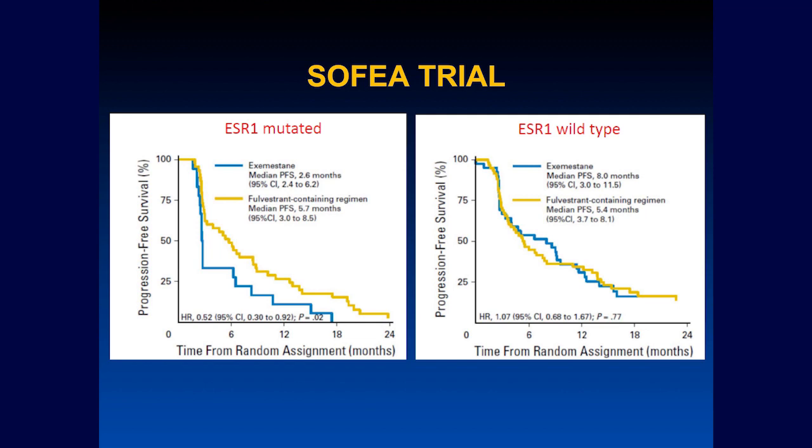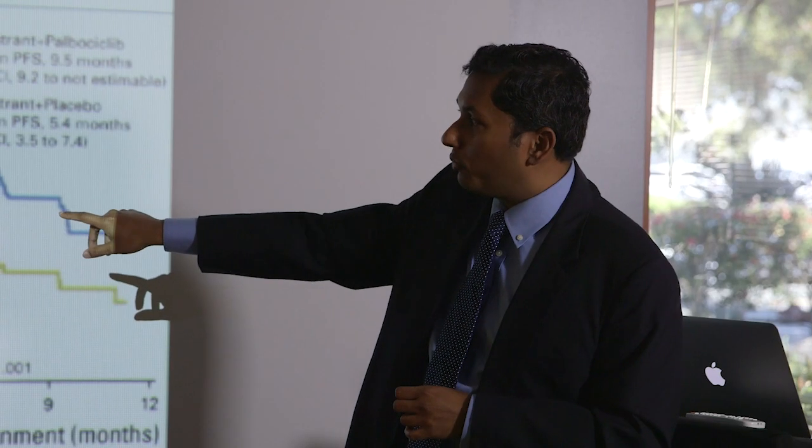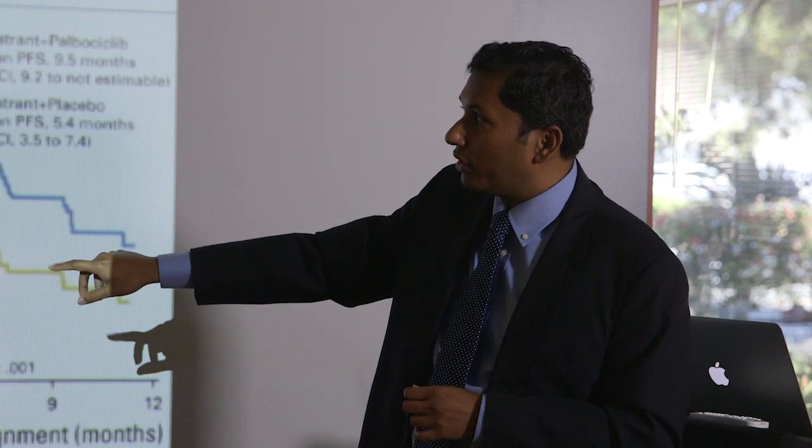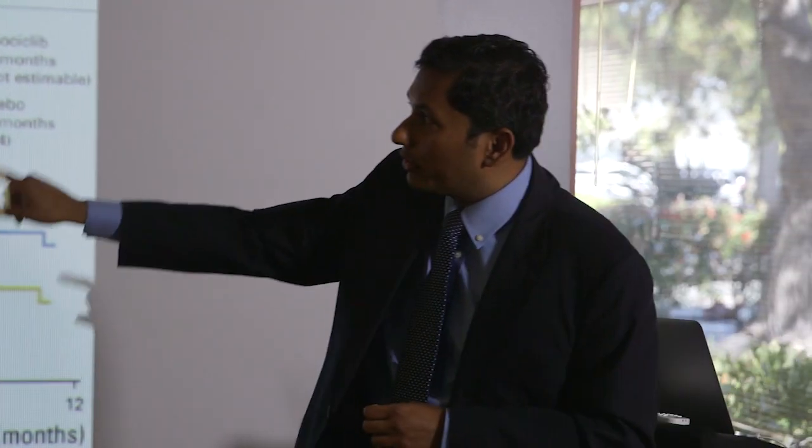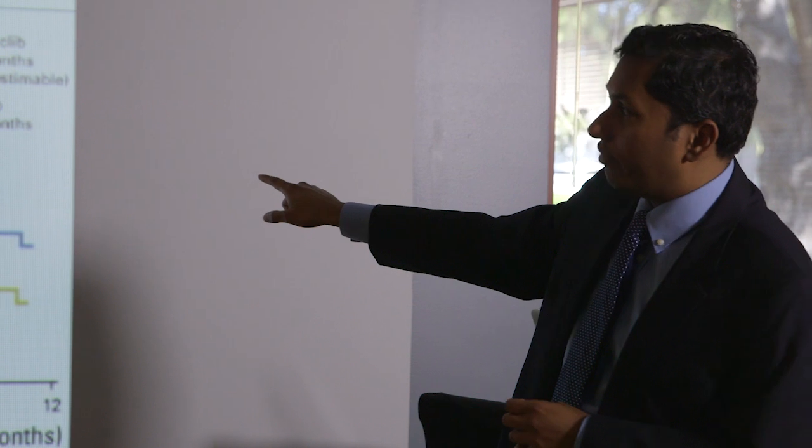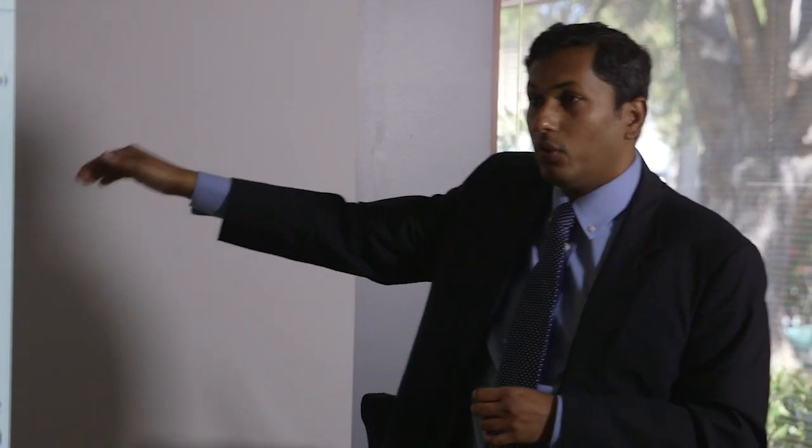And these drugs are the CDK4/6 inhibitors, otherwise called palbociclib. And if you look at a trial using palbociclib, the blue line is those patients who got the palbociclib, and the yellow is those who did not get palbociclib. Regardless of whether ESR1 is mutated or whether they have wild type, that drug seems to be quite effective.